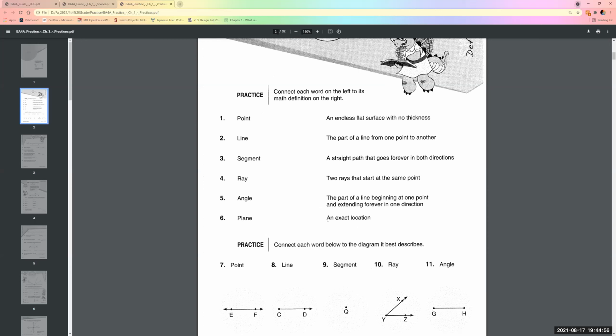Unfortunately, I'm on the PDF, but I can, let's see. All right. And then the next one. A line is a straight path that goes forever in both directions. Right. And then third one.